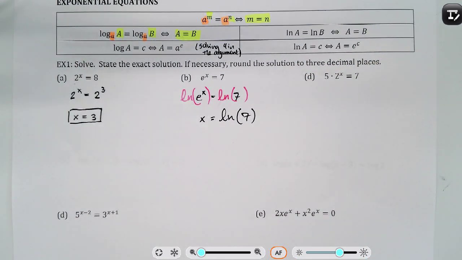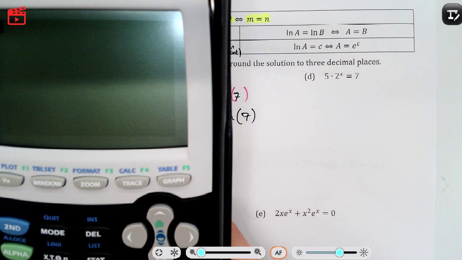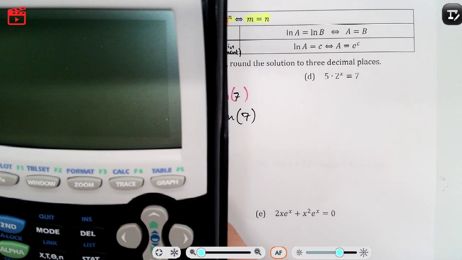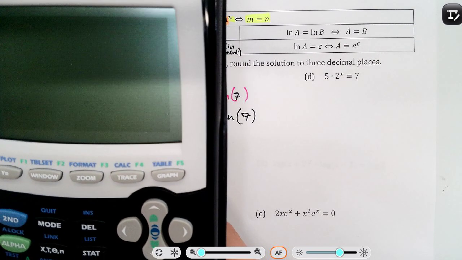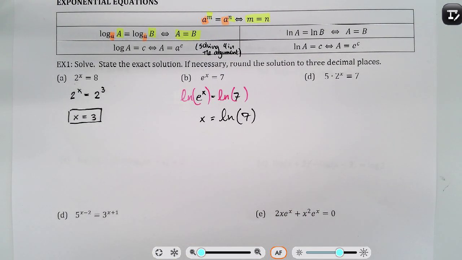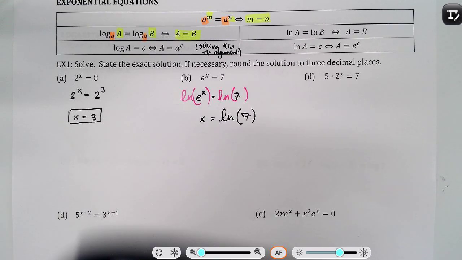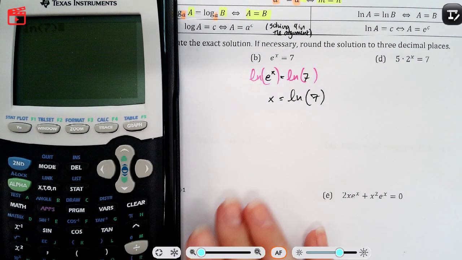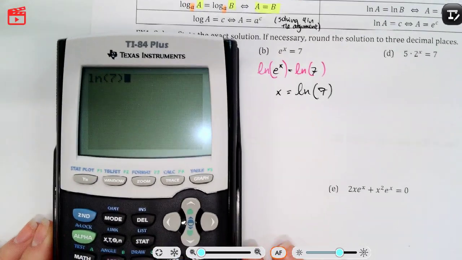Okay, we can go ahead and plug that into our calculator. Natural log of 7, plop that in.